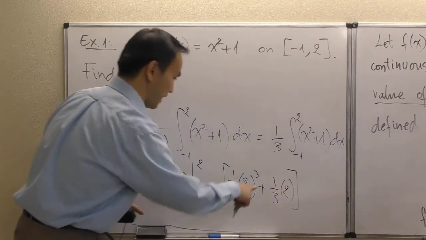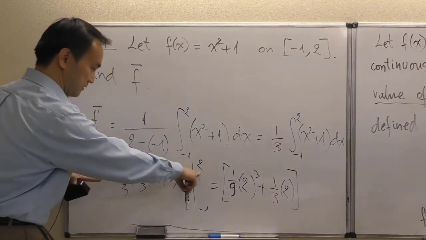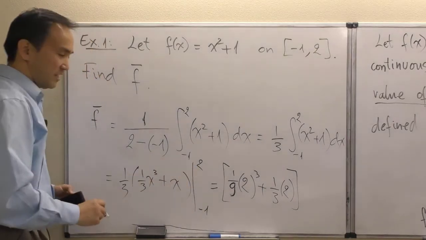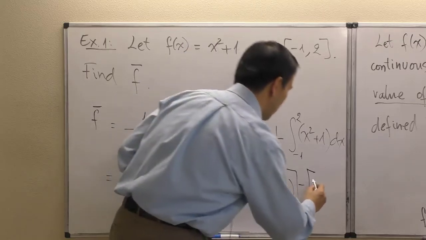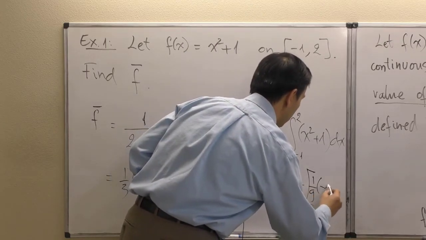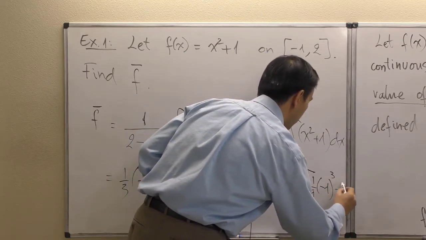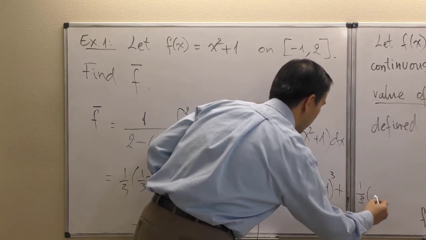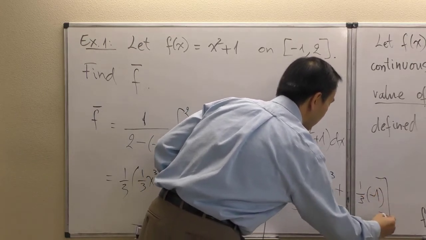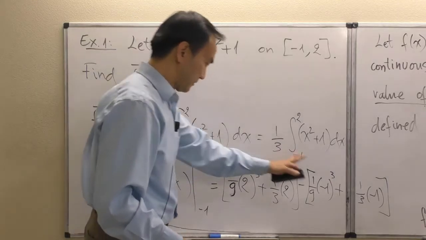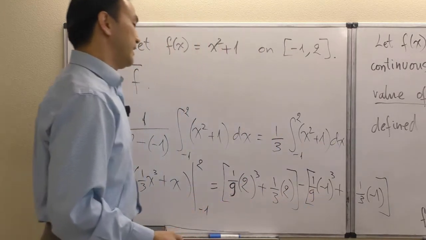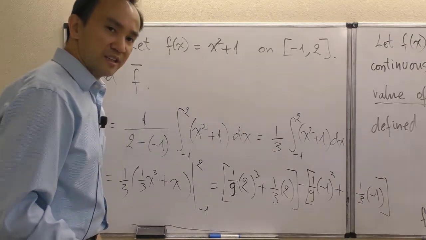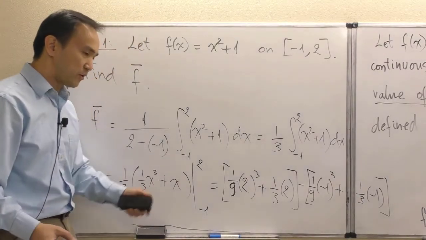That's the antiderivative at x equals 2, and then I'm going to subtract the other part, which is 1/9 times -1 cubed plus 1/3 times -1. Now I'm going to quickly step away for a quick calculation of all this, and then I'll come back with a final answer.